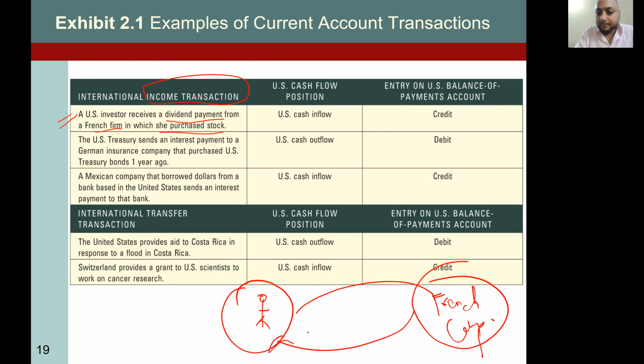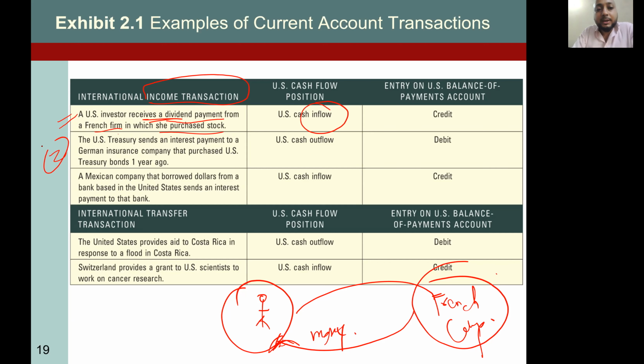You receive money, right? The French company gave you the stock and received the money from you, but this transaction is you receive dividend payments. The company gives you the money, so that's why this is inflow. Cash is coming to the US.